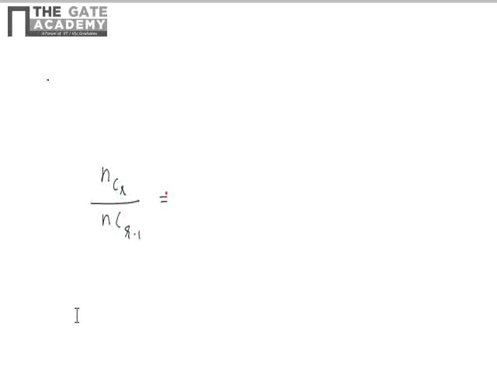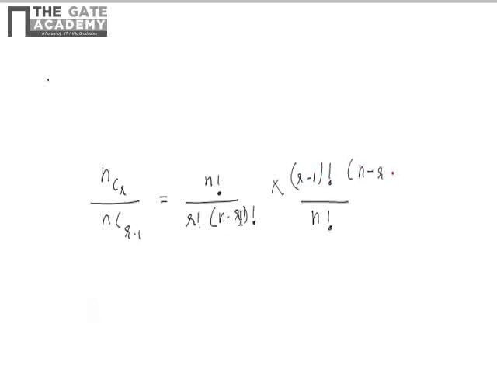So I can write this as n factorial upon r factorial into n minus r factorial, into, because I'm turning the division into multiplication, transferring, r minus 1 factorial, n minus (r minus 1), the minus minus will become plus, factorial, upon n factorial. So these two n factorials will get cancelled. So r minus 1 factorial, n minus r plus 1.